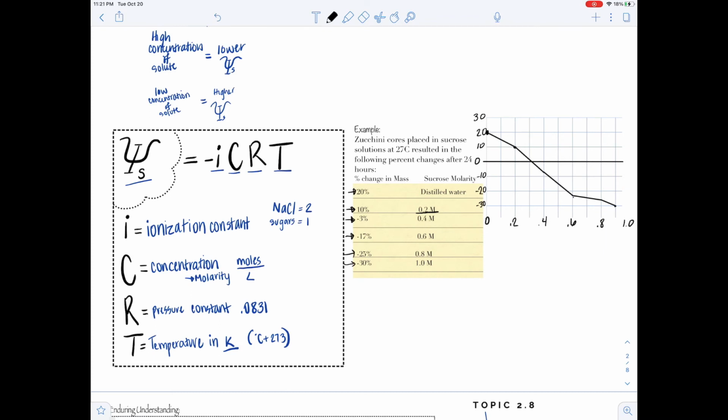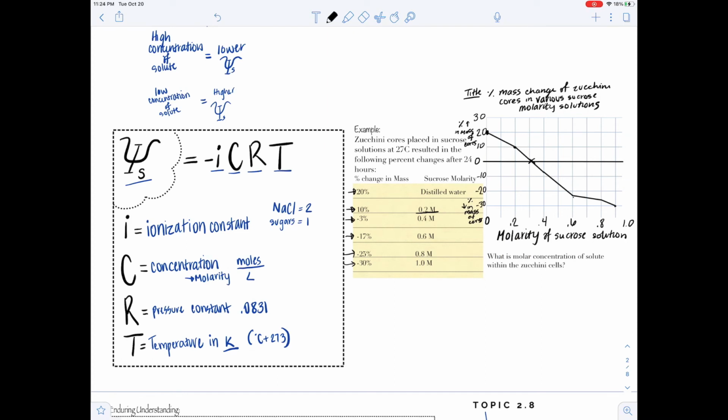So one of the questions they can ask you is, what is the molar concentration of the solute within the zucchini cells? So to find that, you're going to look at the x-axis intercept. Okay, so the curve of best fit is going to show us the molar concentration of solute in our zucchini cells, or whatever substance we're looking at, at the x-intercept.